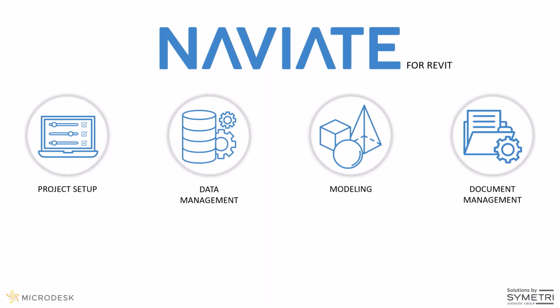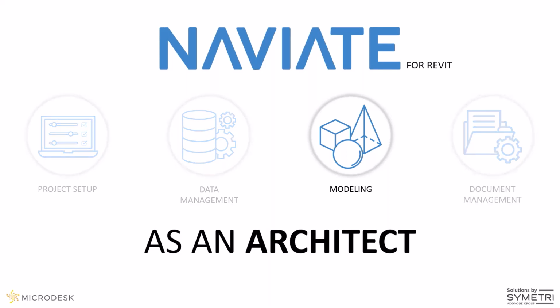We looked at project setup with our first webinar. We looked at data management with our second webinar. And today we're looking at how Naviate assists you with modeling in Revit. Next, we'll look at document management. So we're going to look at how to use Naviate as an architect, specifically at the modeling features.